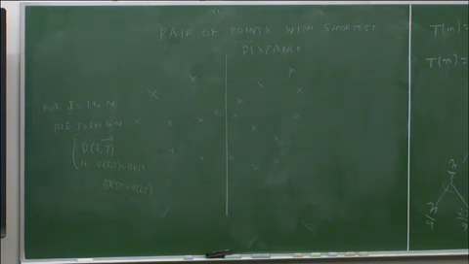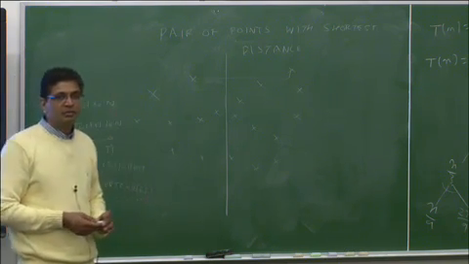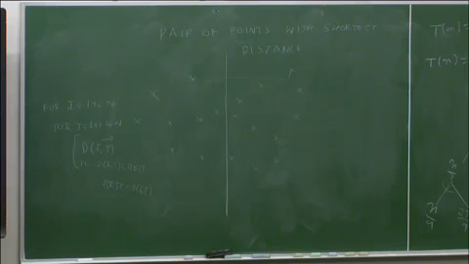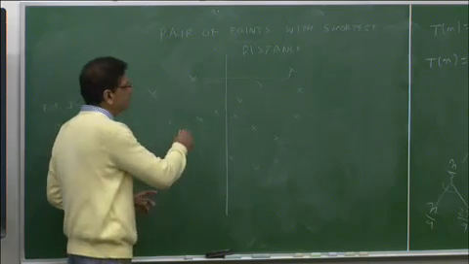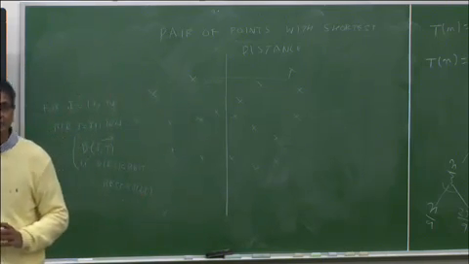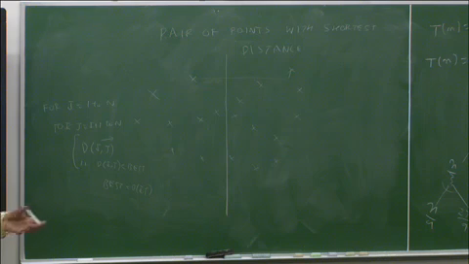All right. And I say, okay, fine, my algorithm is very simple. I will find the shortest pair of points on the left side, recursively. I will find the shortest pair of points on the right side also recursively.